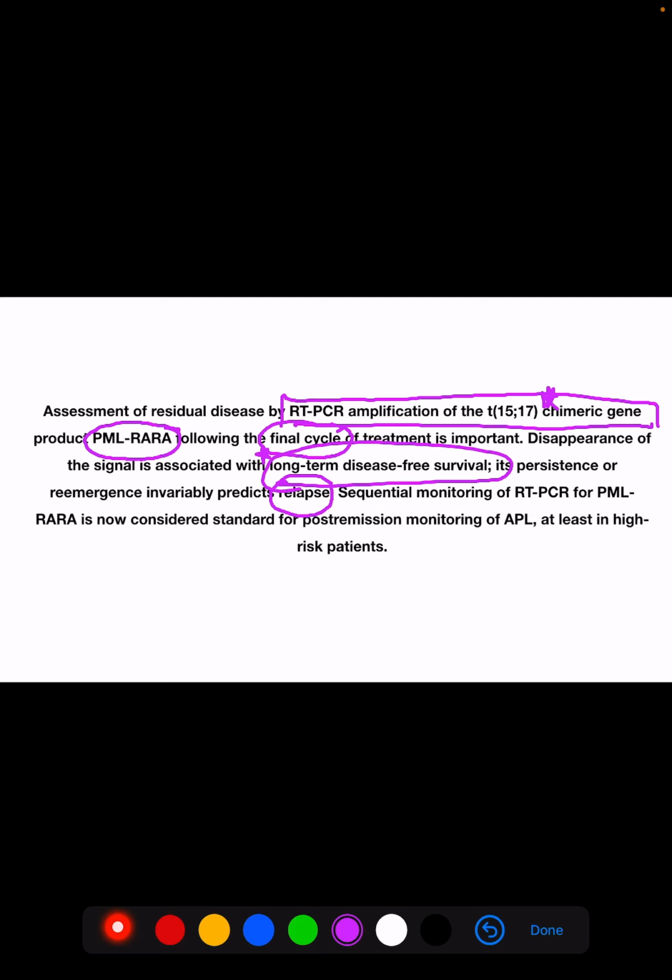So sequential monitoring of RT-PCR for PML-RARA is now considered the standard for post-remission monitoring of APL, at least in high-risk patients.